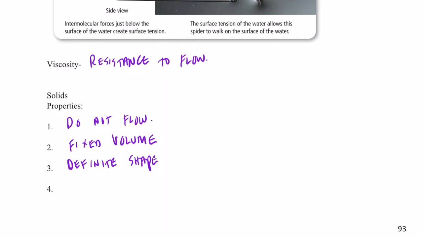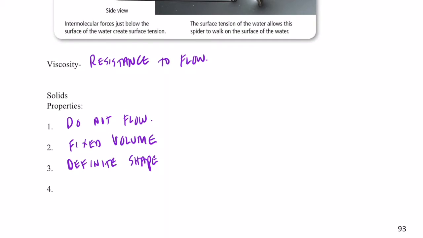I can put some marbles inside of a container, and those marbles have a definite shape. They don't take the shape of their container. I could throw a rock in a container. It certainly does not take the shape of that container. And once again, that's related to the crystal lattice that's formed in solids, and it joins those solid particles together so that they can't flow past one another.